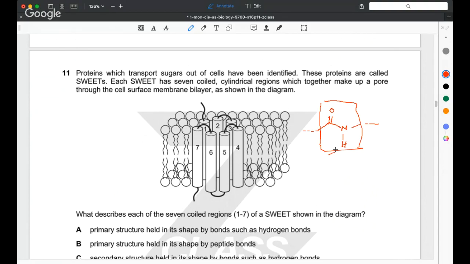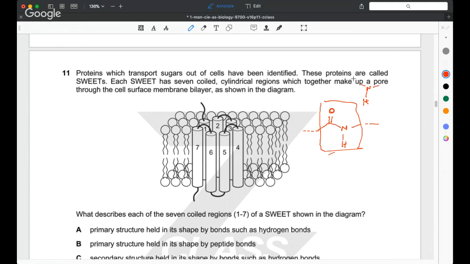As these chains fold, the chances are that the oxygen from one peptide link can come into proximity with the amine of another peptide link.